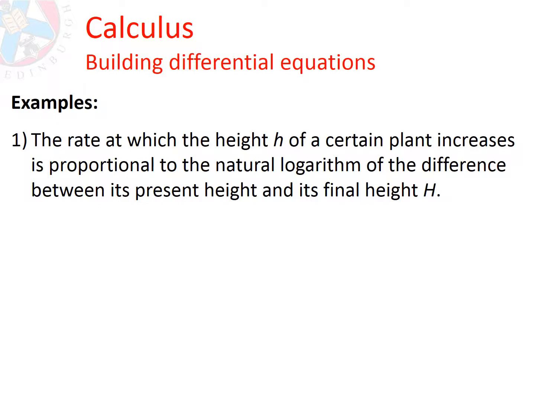We know that the rate of height change, which we can write as dh/dt, is proportional to, we'll just put proportional to at the moment, the natural logarithm, so that's just ln, times the difference between its present height and its final height. So it'll be hf minus hp.